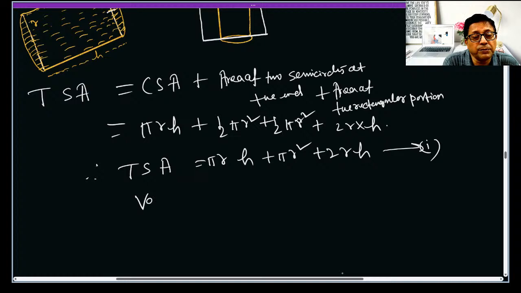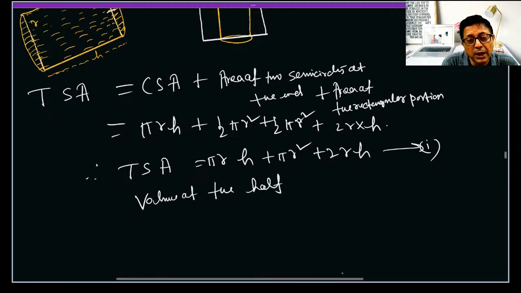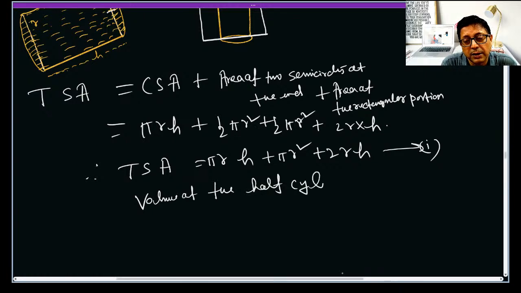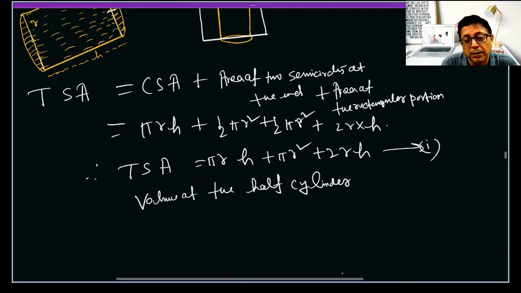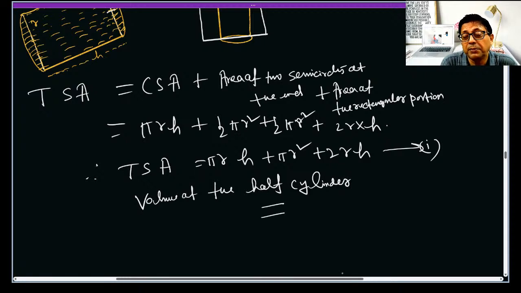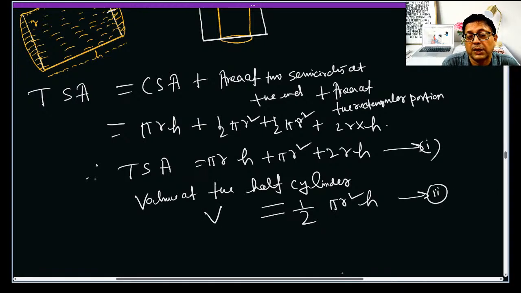Now volume of the half cylinder. Volume of half cylinder will be what? Volume of cylinder is pi r square h, so it will be half pi r square h, isn't it? And this is equal to a constant given.